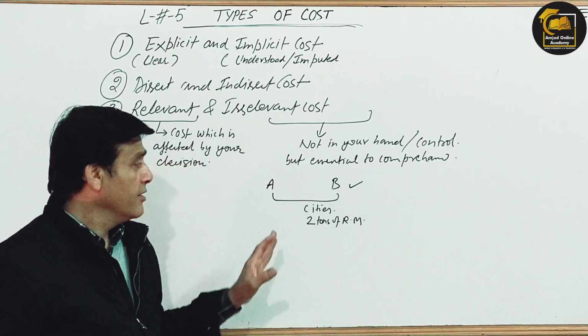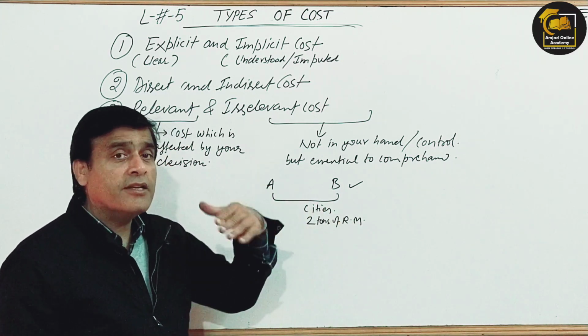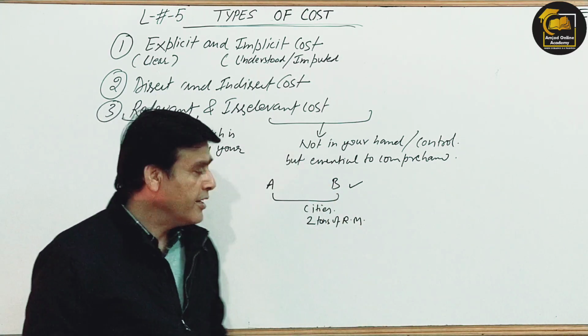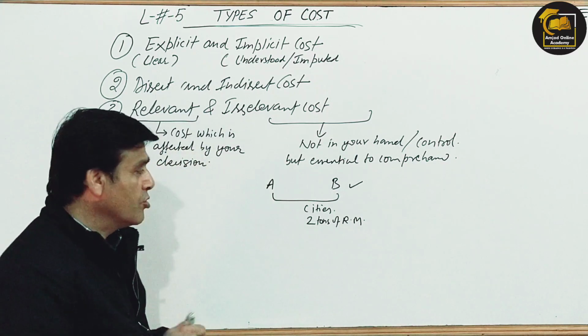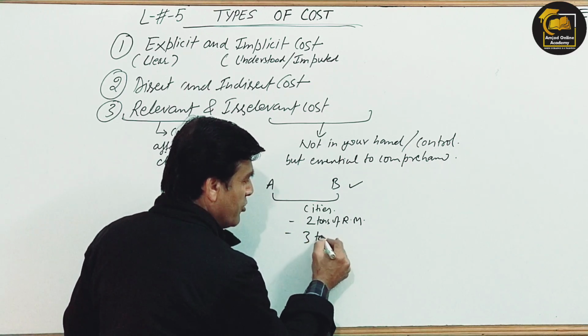You have decided that you will purchase 2 tons of raw material, but suddenly you have taken a decision, right? Then instead of purchasing 2 tons you will purchase 3 tons. You have changed your decision.